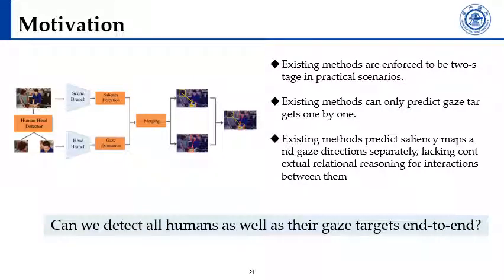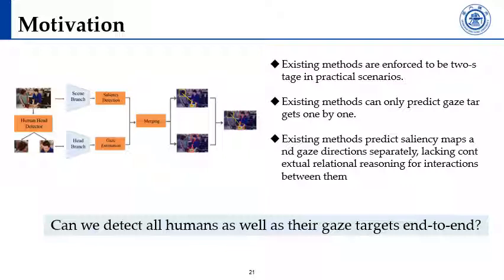As I just described, existing methods require head detection as a preliminary step, so they are forced to be two-stage, since they require head location input. They can only predict gaze targets one by one, so this also introduces a natural computational cost if there are a lot of humans in the images.